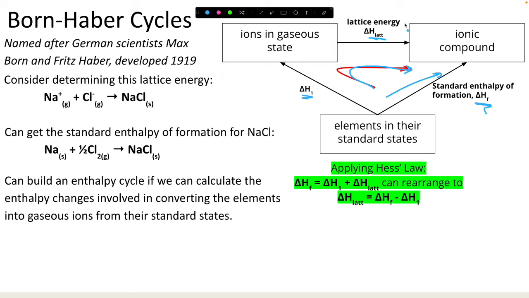So if we want to calculate the lattice energy, which is the idea of doing this whole business, we can simply rearrange that to say the ΔH of the lattice energy is equal to the ΔH of formation minus the enthalpy change to go there.